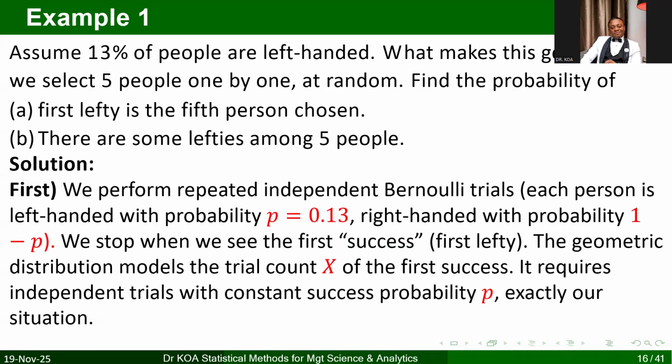So the geometric distribution model here is modeling the trial count of the first success, not of success, but the first success. And that requires the trials to be independent with a constant probability of 13%. And this is what we have in our situation. That's exactly why it is geometric.